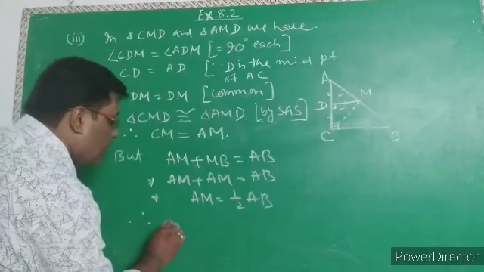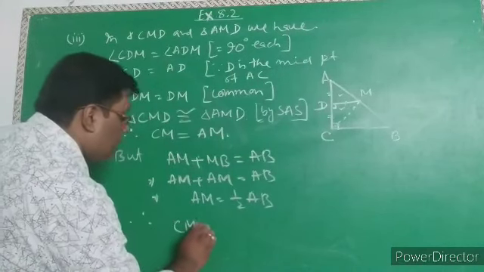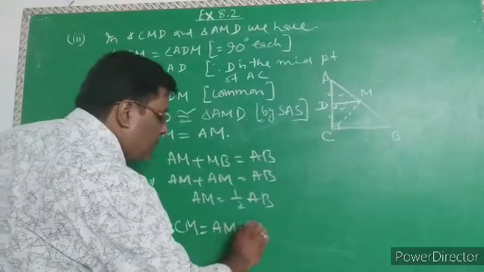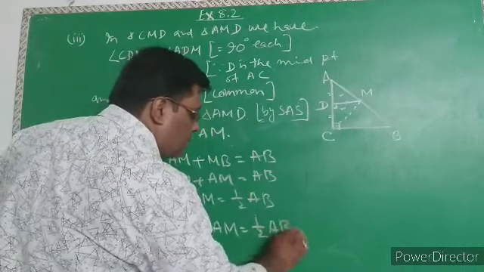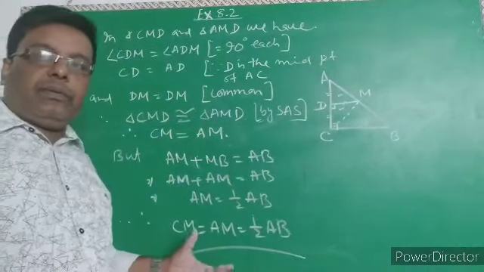Therefore, CM equal to AM equal to half of AB. So this is the proof.